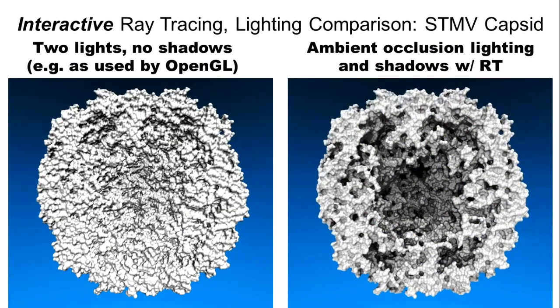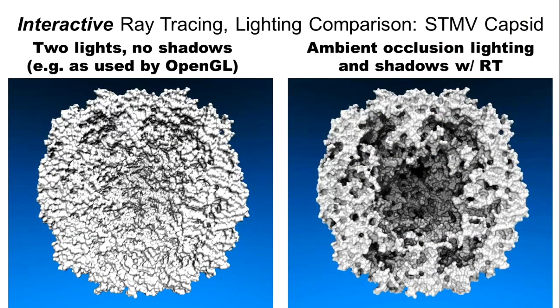On the right hand, we have an image that shows what's called ambient occlusion lighting, which uses complex simulation of light scattering, and it approximates what you'd get if you took a photograph with a broad light source, much like if you take a portrait photo in a photography studio. This is more the sort of shadows the photographer is trying to get. And you can see there's a huge difference in the salient details that you can see in the image on the left versus the image on the right.